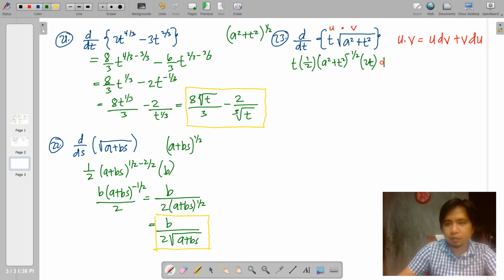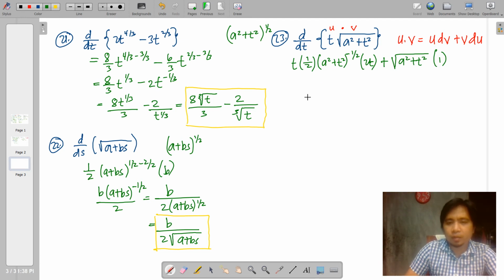Plus v du, our v now is that term, square root of a squared plus t squared, and then derive u here, which is t. That will just yield to 1.